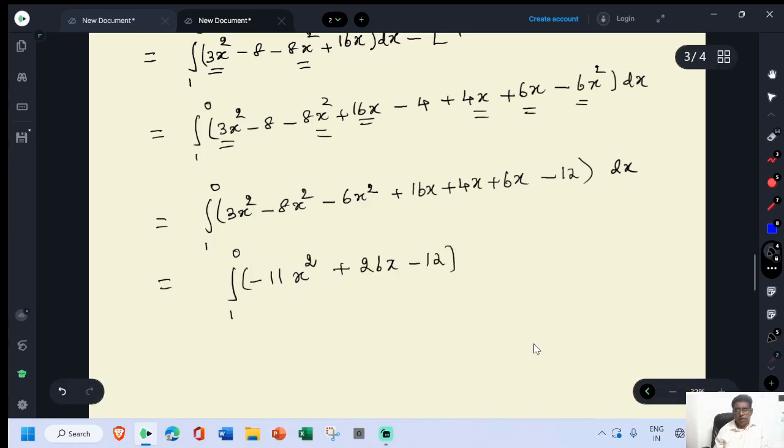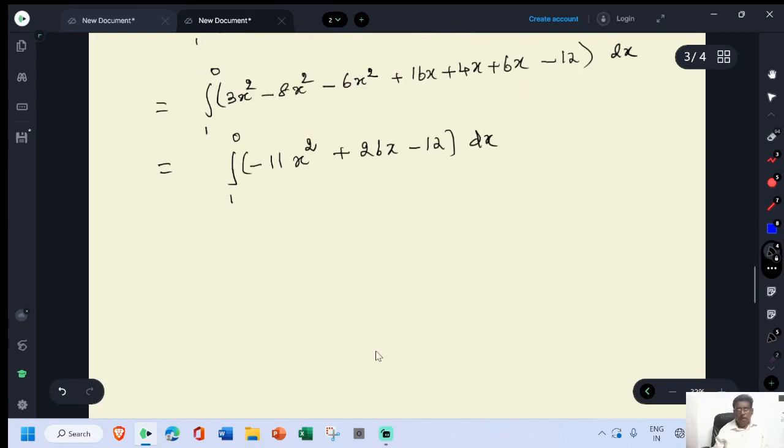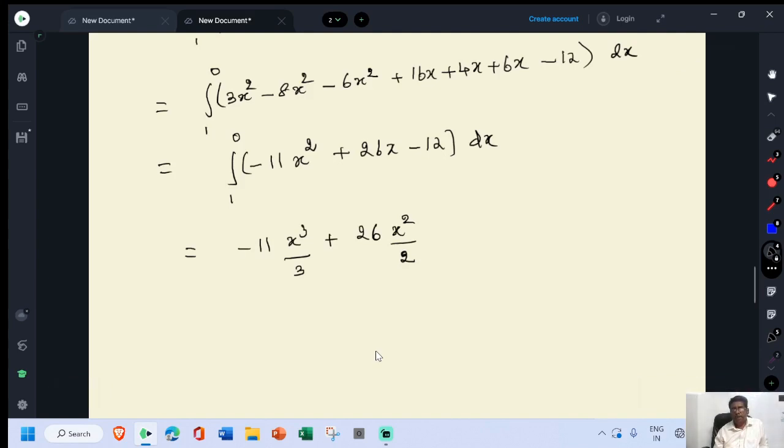The entire thing is multiplied by dx. Now I have to integrate this. This is equal to minus 11 x cube by 3, since the integral of x square dx is x cube by 3, plus 26 x square by 2, since the integral of x dx is x square by 2, minus 12 into x, since the integral of dx is x.